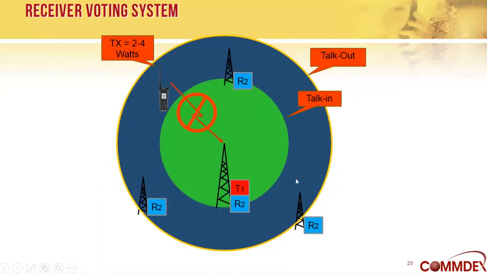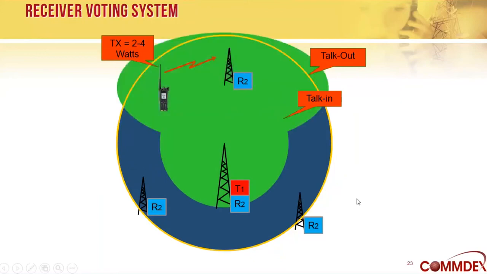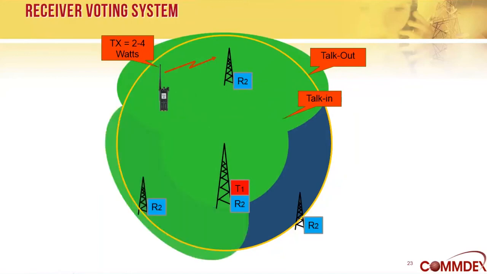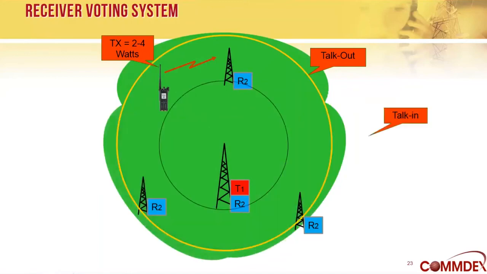And here's the difference between our talk in and our talk out coverage. So if you could then receive from multiple points, you could then equalize your talk in and your talk out coverage. And that's basically what was happening.